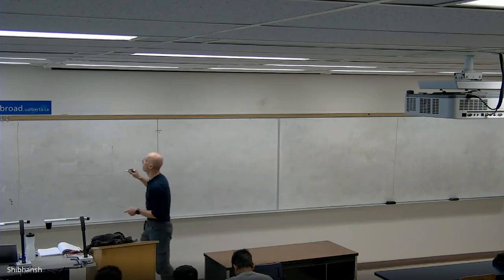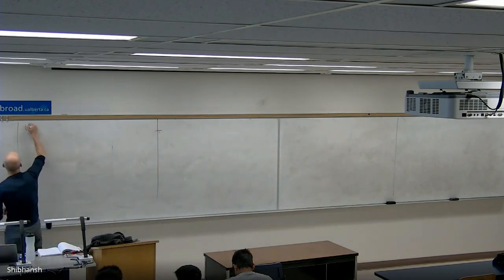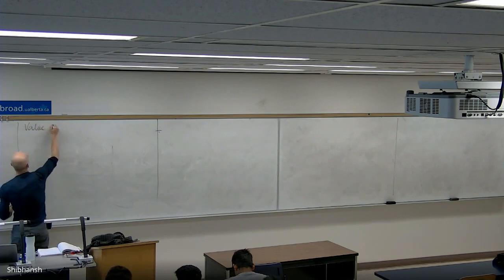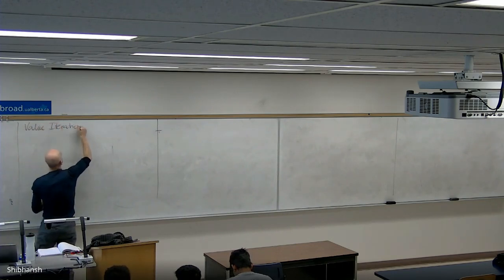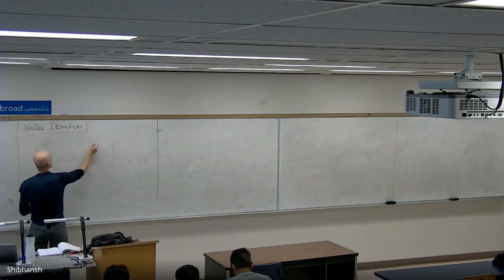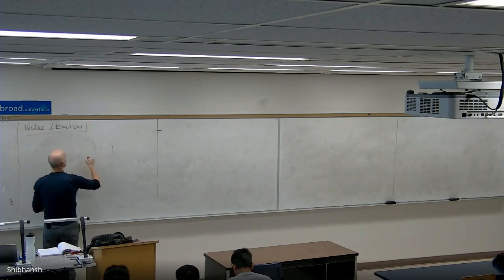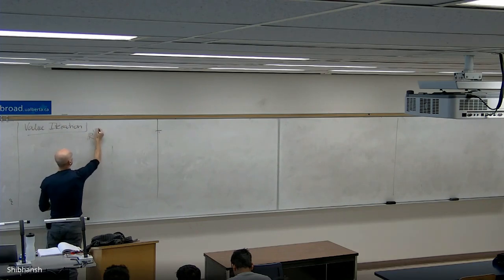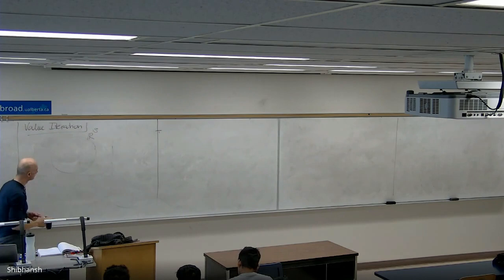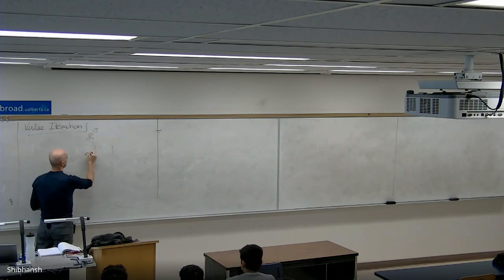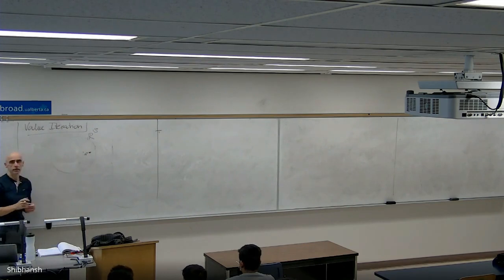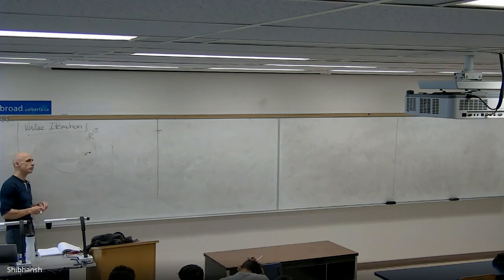The picture I have for value iteration in my head is something like this. You have the set of possible value functions over the set of states S. V star lives somewhere in this space. This is the target, the optimal value function where we want the process to converge.